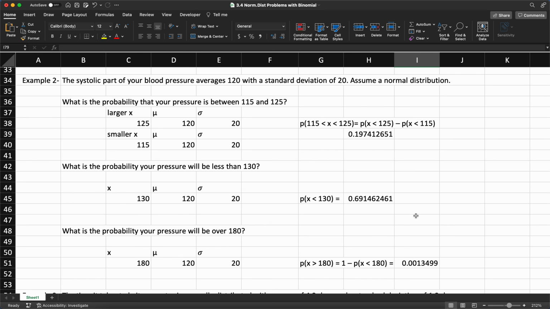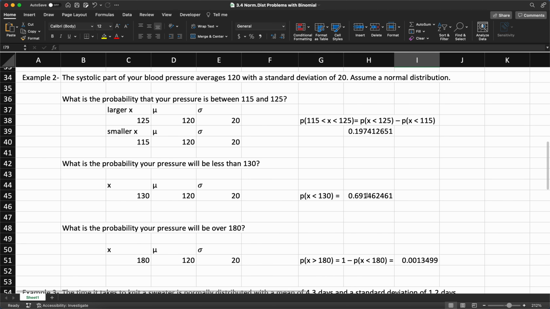All right, so I wanted to go back and look at this previous example about systolic blood pressure. And we know that we were finding the probability that your blood pressure is between 115 and 125.